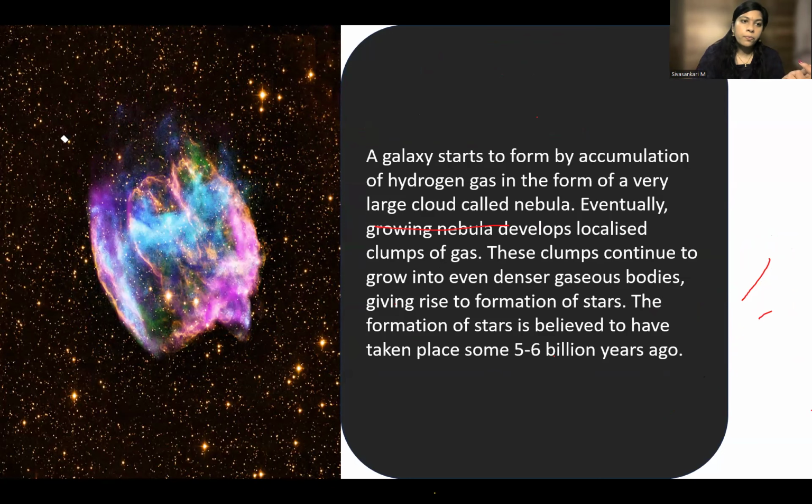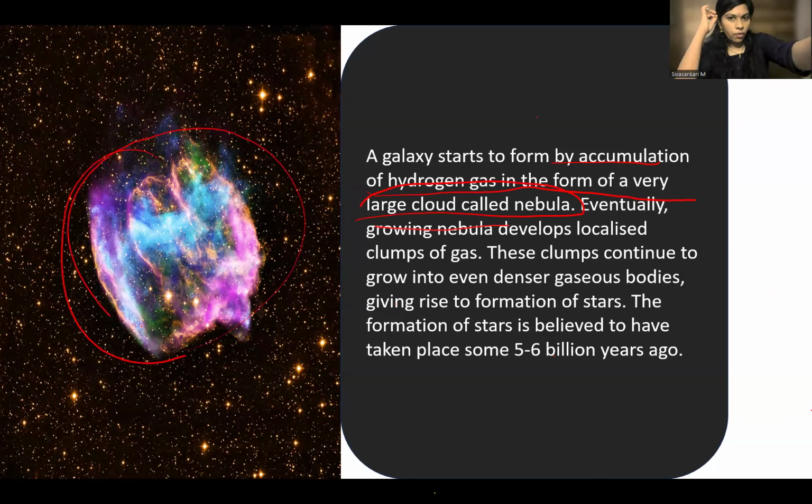Galaxies start to form by accumulation of hydrogen gas. The galaxies have started to form by accumulation of hydrogen gas in the form of a very large cloud called a nebula. You can see in the diagram itself, this is called a nebula.